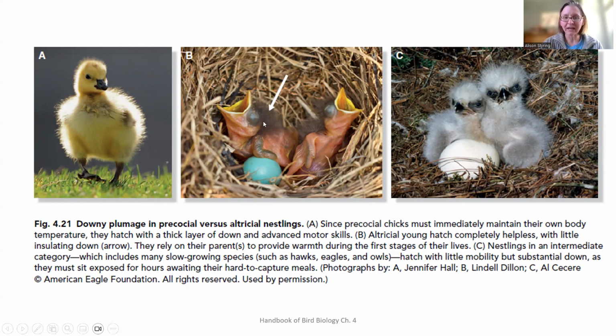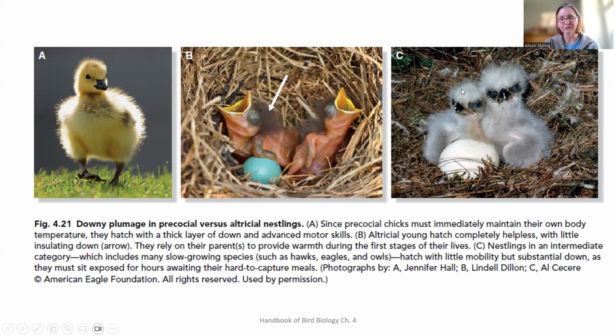And actually, many of them have almost no feathering at all when they are first hatched from the egg. But within a few days, they start to grow some down. So when they hatch, they need to be what we call brooded. So the adult has to actually keep the birds warm with its own body until the birds grow some down and their body size increases a bit, then they can thermoregulate.